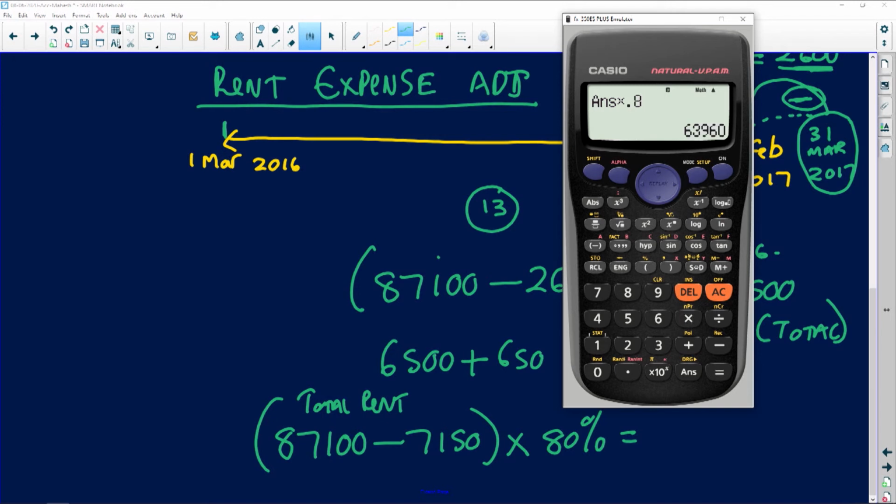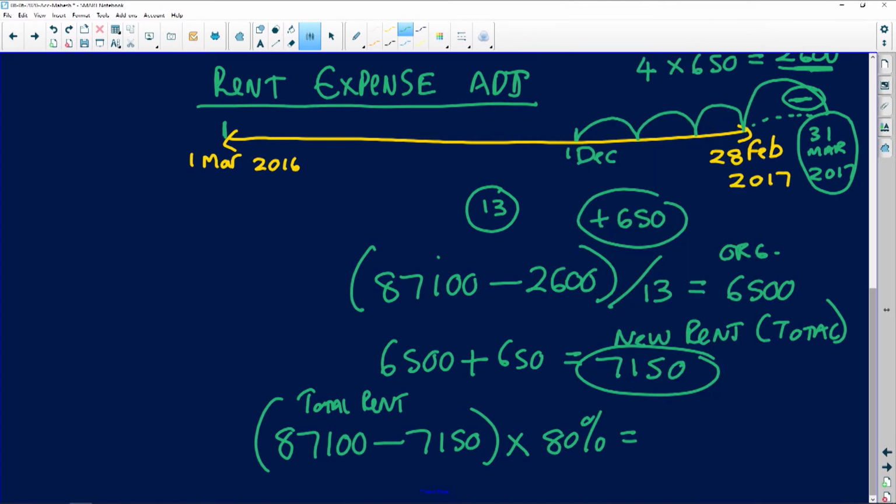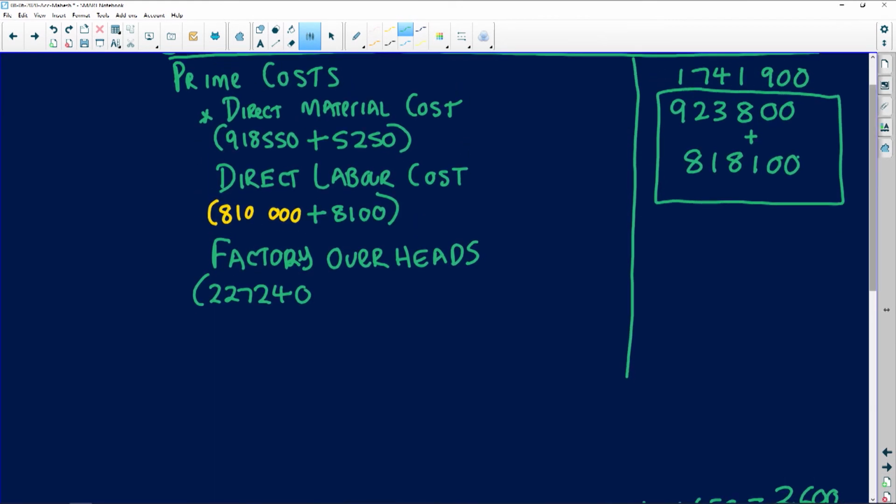So my additional factory overhead expense is 63,960. Okay, so to this amount plus 63,960. Right, so obviously quite a bit of calculation to get to this amount, but like I said, show your calculation, okay?